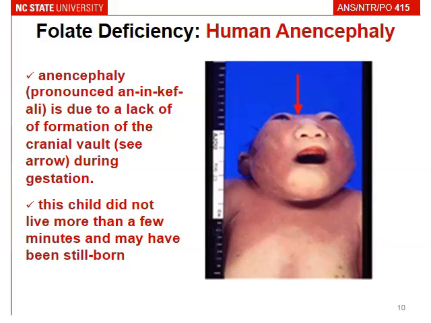So here we have a baby with anencephaly. This is due to the lack of the formation of the frontal lobe, and it occurs early on in gestation. So basically, we don't have the proper closure of the cerebellum. So as I said, the majority of these babies are stillborn, or they only survive for a few minutes after they're born.